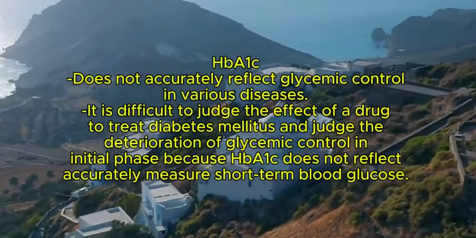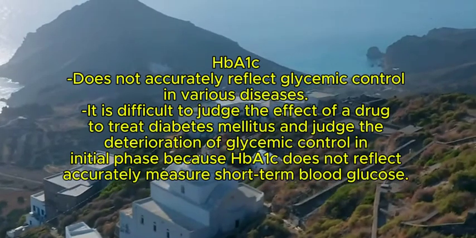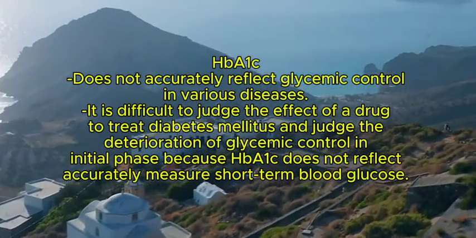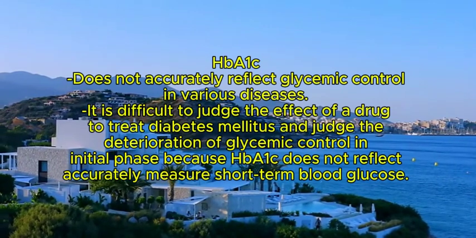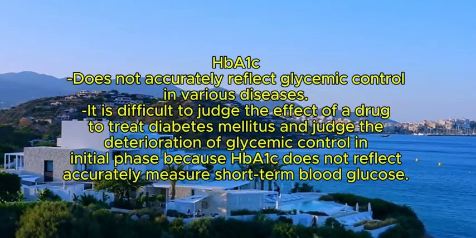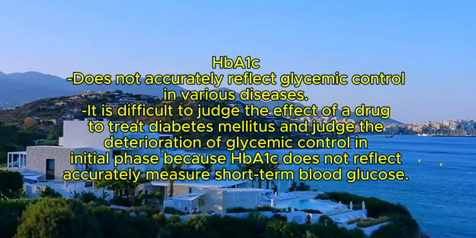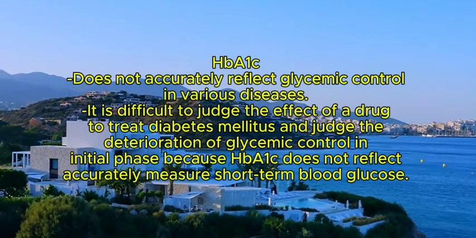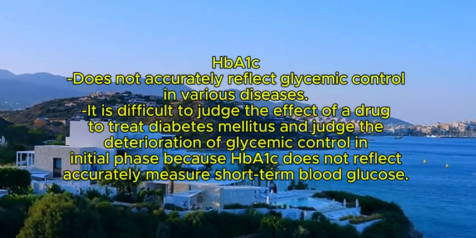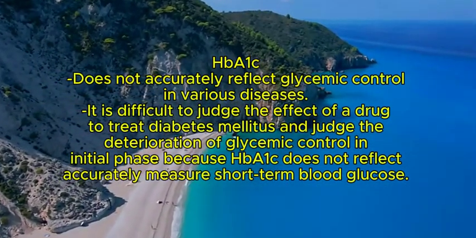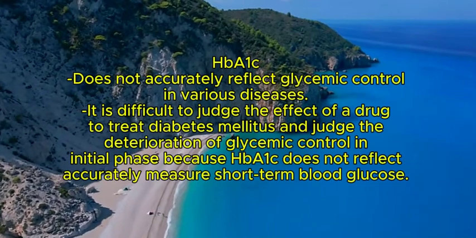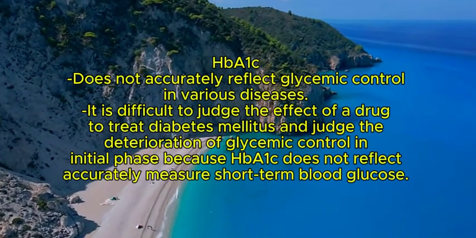It does not accurately reflect glycemic control in various diseases, and it is difficult to judge the effects of a drug to treat diabetes mellitus and check the deterioration of glycemic control in the early stage because HbA1c does not accurately reflect short-term glycemia.